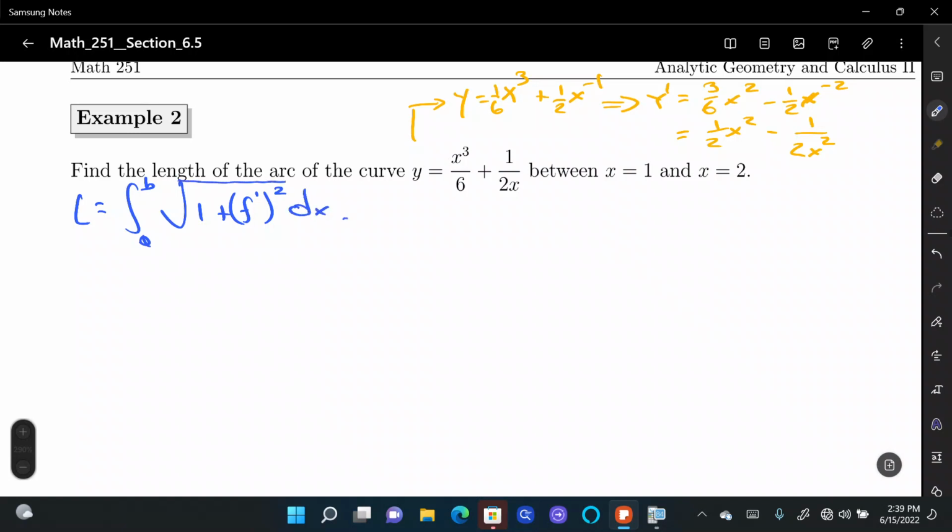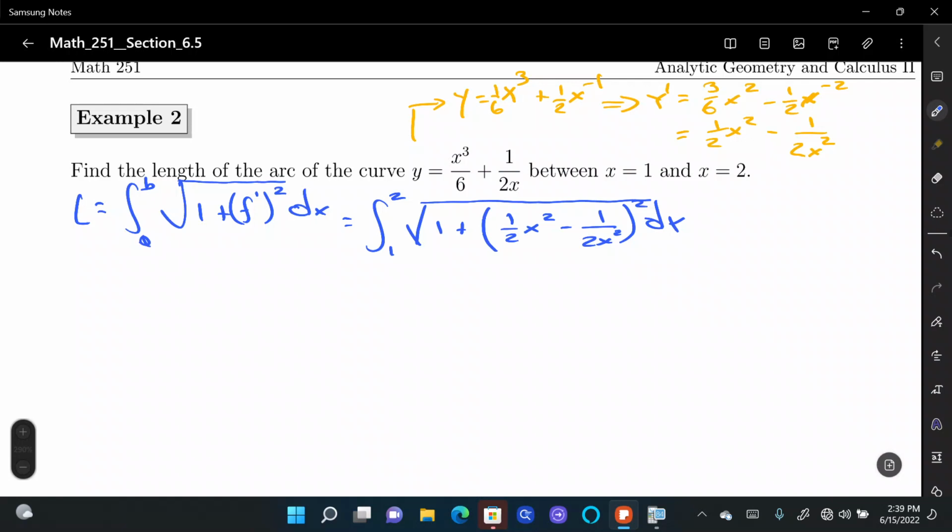And in this case, that's the integral from 1 to 2 of the square root of 1 plus that whole function, 1/2 x squared minus 1/2x squared, the whole thing squared.